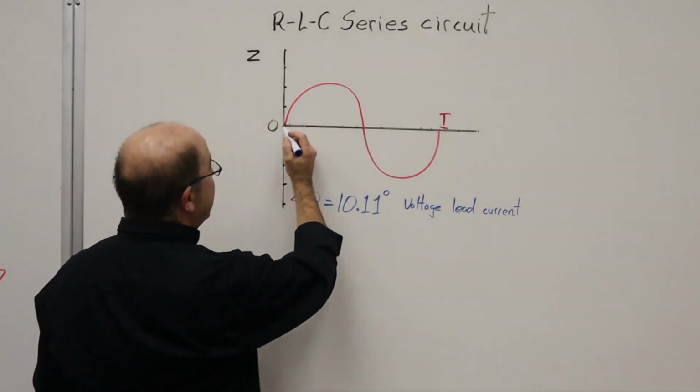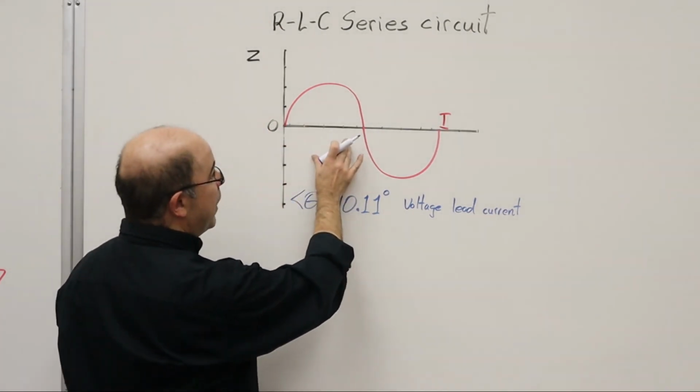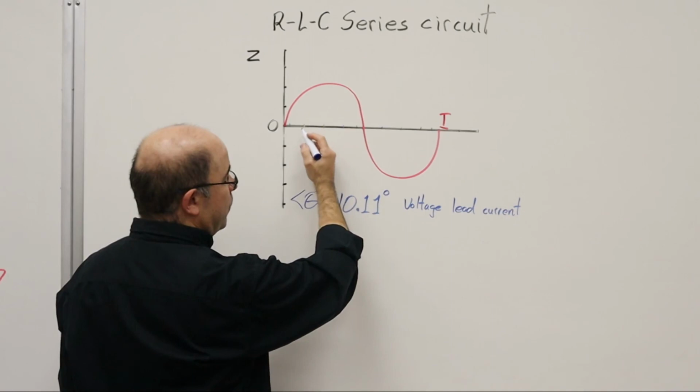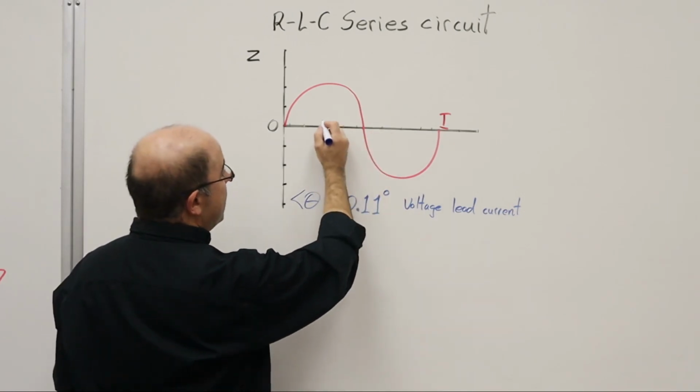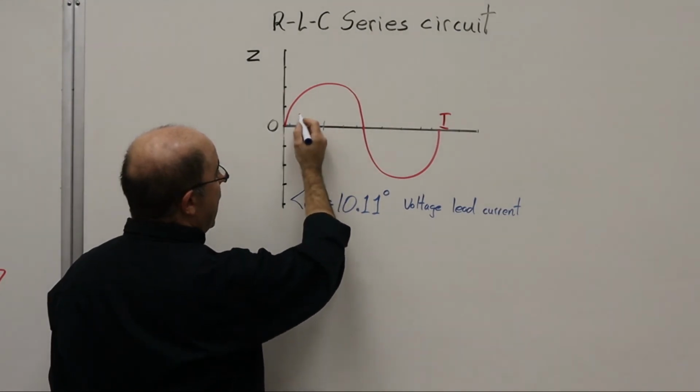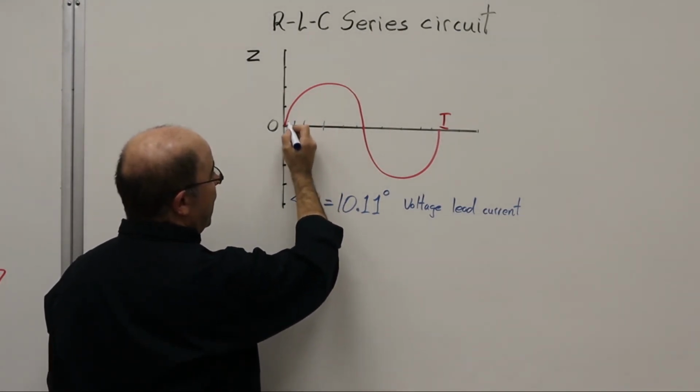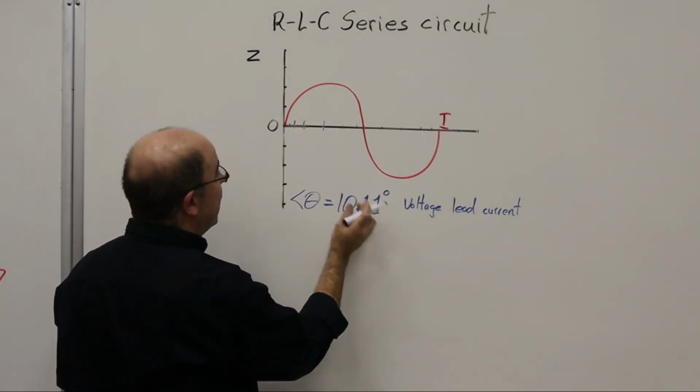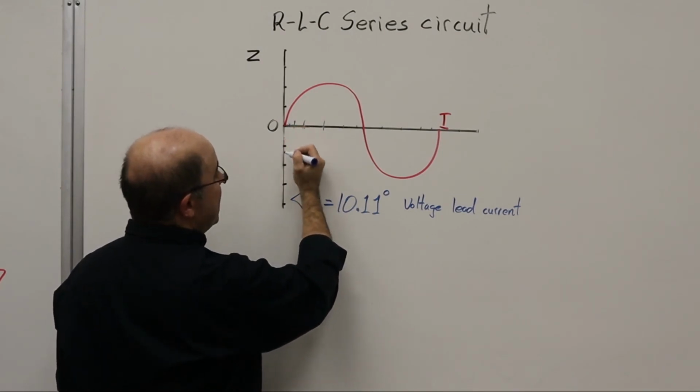So if my current is starting at 0, then my voltage is actually going to be slightly leading. And I've taken the liberty off camera of breaking things down. This is basically 90 degrees. Here is 45. Half of that will be 22.5, and at 10.11, I'm close to being here.